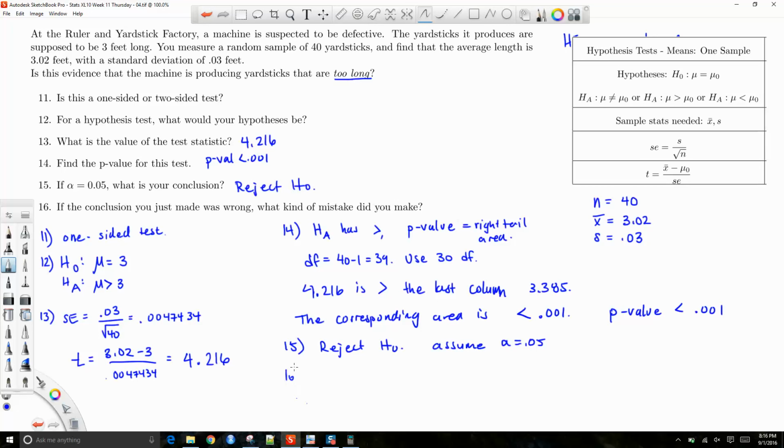And number 16, when we say our tail area is 0.001, we're pretty much saying our p-value is also. So we reject the null hypothesis, and we'd say we have evidence that the yardsticks are too long.